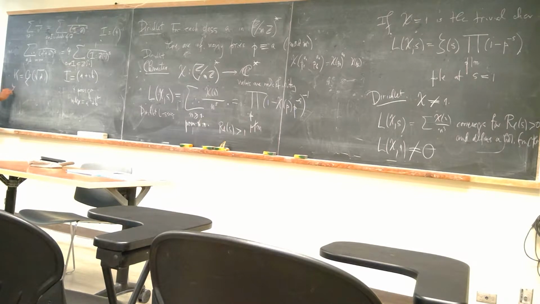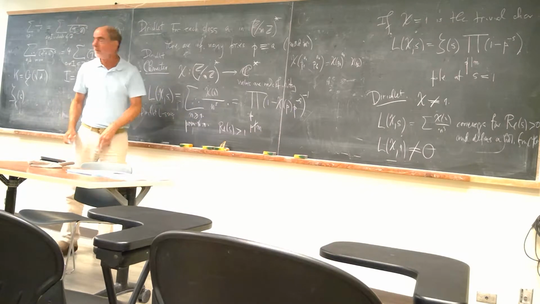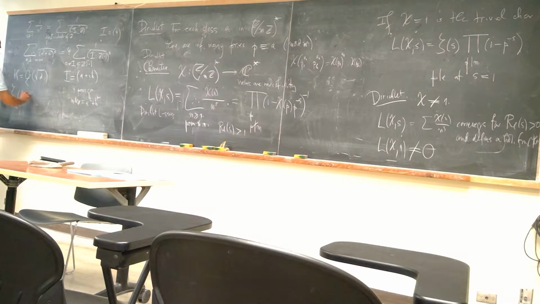Let's call the zeta function of K, zeta_K(s). This is another generalization of the zeta function. More complicated than this, because here you're just summing over positive integers, but here we're summing over ideals. Sum over ideals of the ring of integers of K of 1 over the index, which is called the norm of the ideal. So if you did the zeta function of the Gaussian numbers, you'd get something like this, etc.